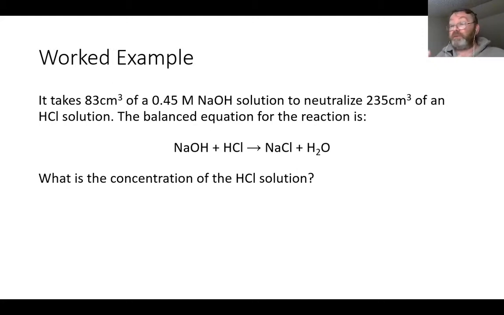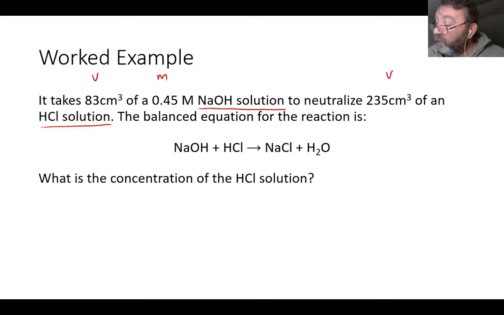Now, in this question, notice we're dealing with an NaOH solution and a HCl solution. So we're dealing with the reaction between 2 solutions. Therefore, solution 1 should have a volume and a molarity, which it does. There's your volume, there's your molarity, V and M. And solution 2 should have a volume and a molarity.